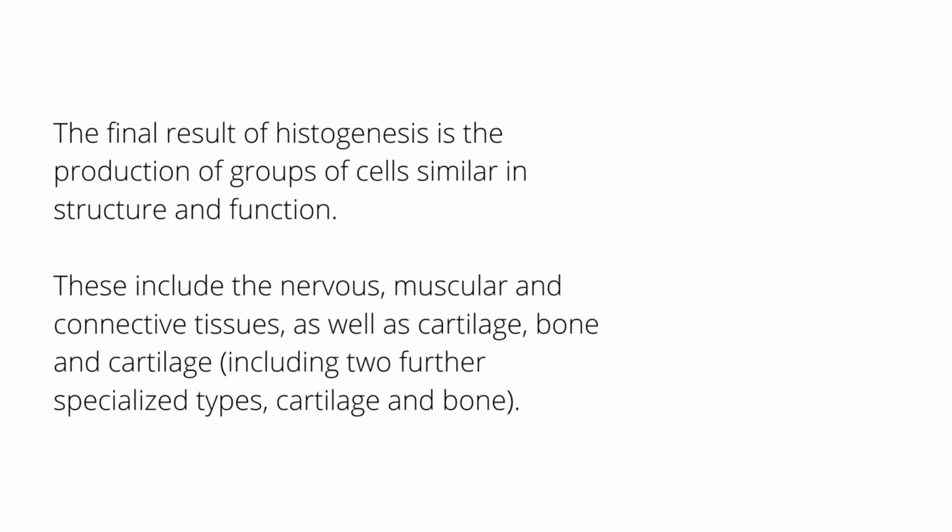So here, the final result of histogenesis is the production of groups of cells similar in structure and function. It includes nervous, muscular, connective tissue, cartilage, bone, and also the two further specialized types, cartilage and bone.